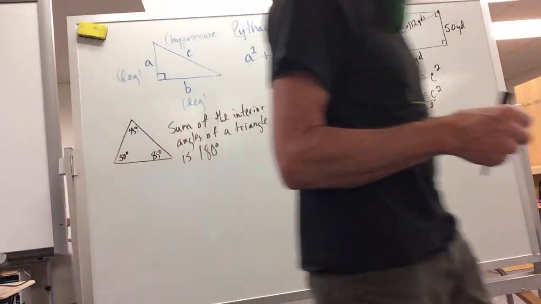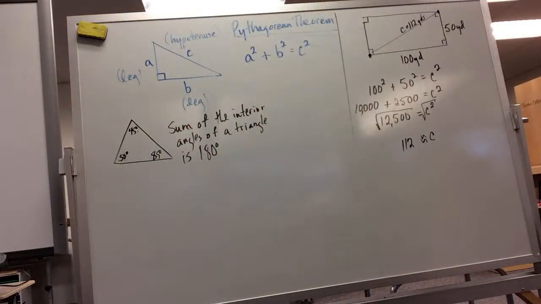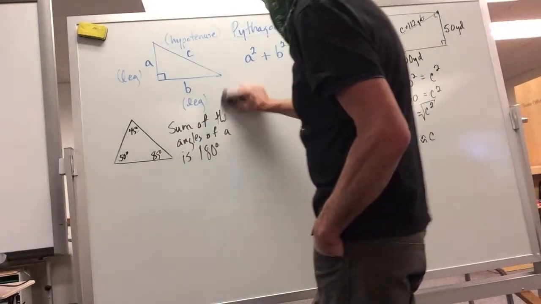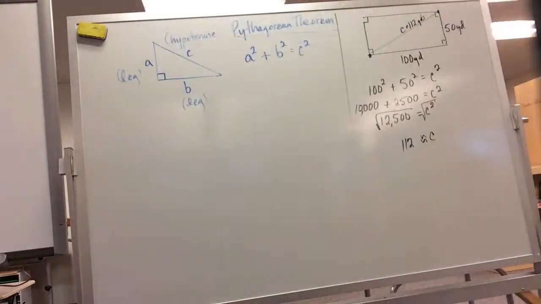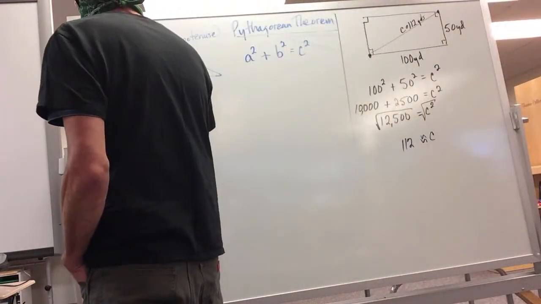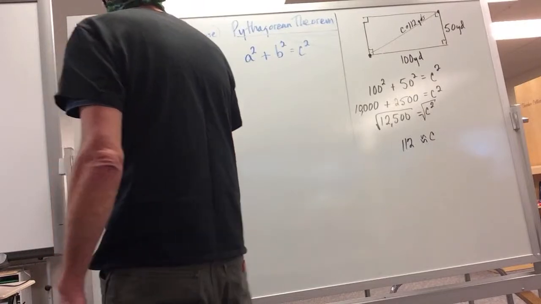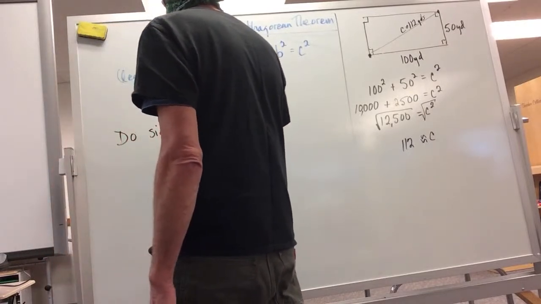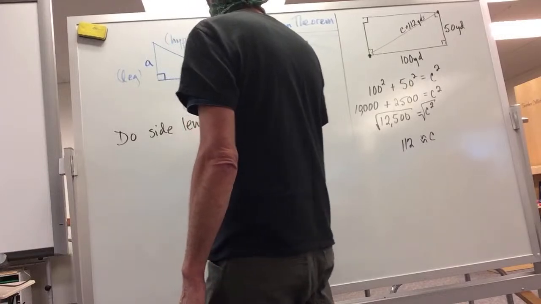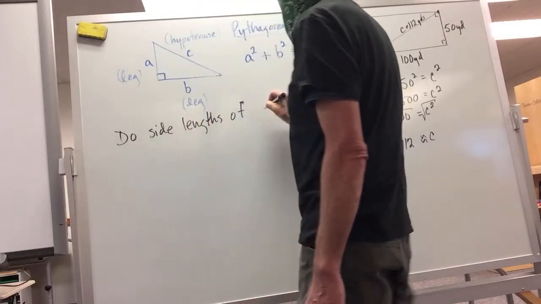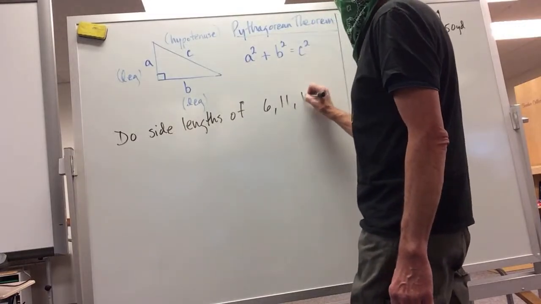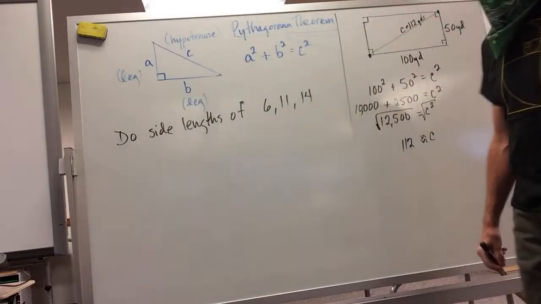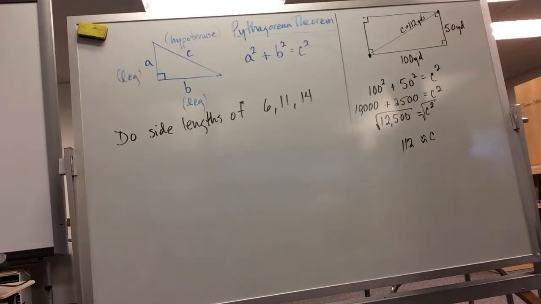Let's do one more. Different question for you. Do the side lengths of 6, 11, and 14 make a right triangle?